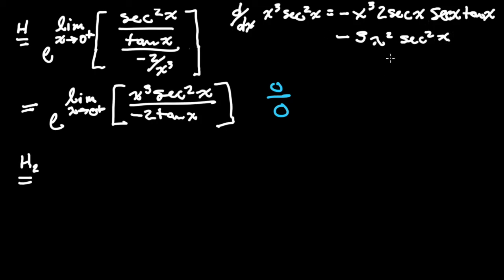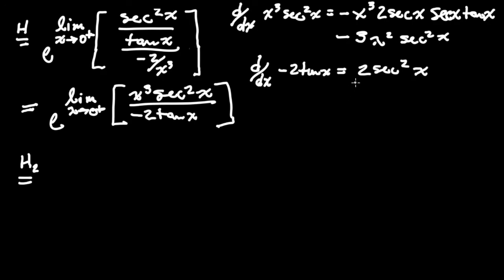It's just very long. And then our derivative of the bottom, I'll just clear this so we have some room, is then equal to the derivative of -2 tan x, which is equal to 2 secant squared x. And so then what we're going to do is plug those into our limits.